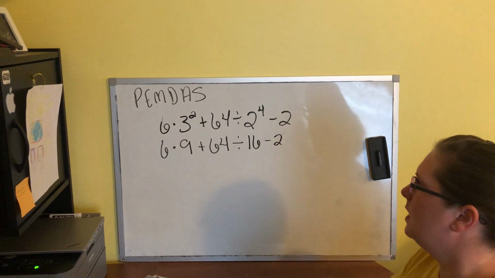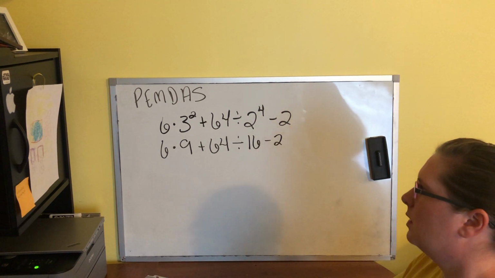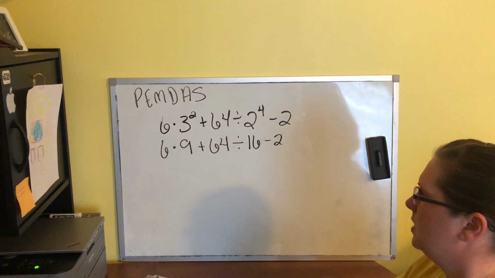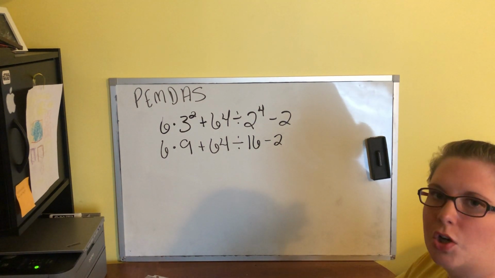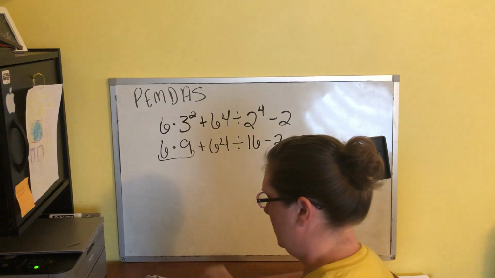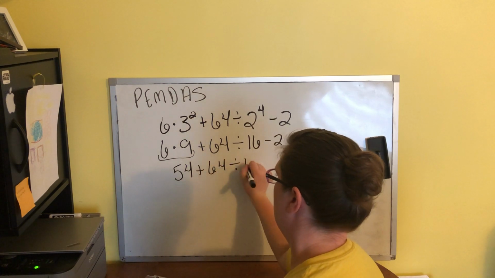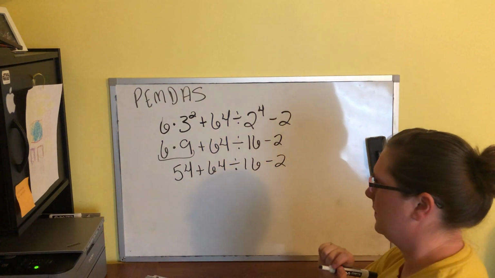Okay? Now that we've handled the exponents, now we're looking at multiplication or division. Well, I have both. I have multiplication and division. You're going to do what occurs first. So I have 6 times 9 being first, and that's 54, plus the 64 divided by 16 minus 2.